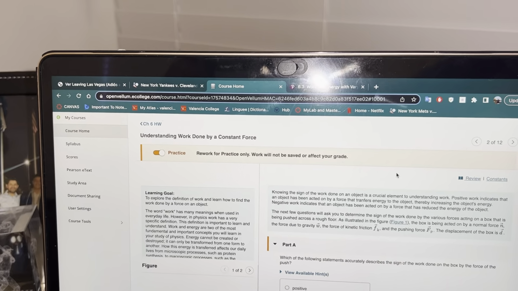So we can convert it to have an answer: W D cosine 90 minus theta. So this will be the answer in this case, W D cosine of 90 minus theta. Yep.